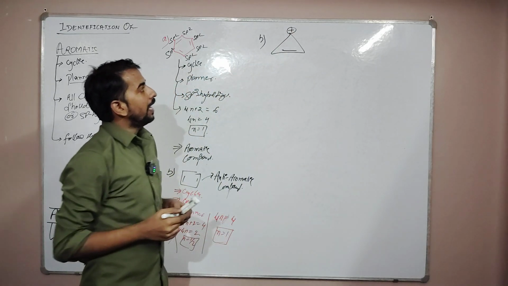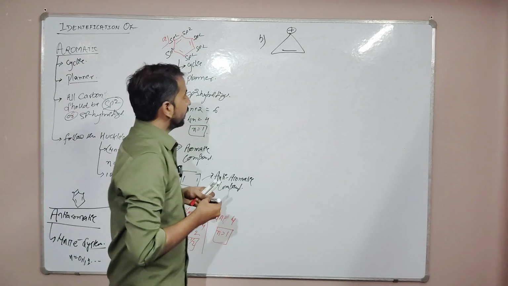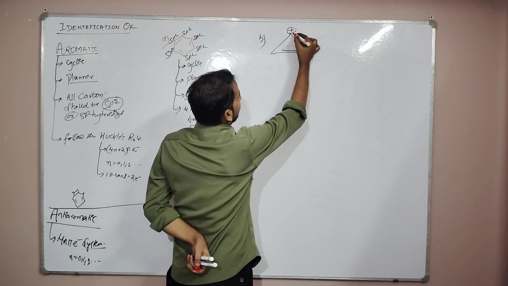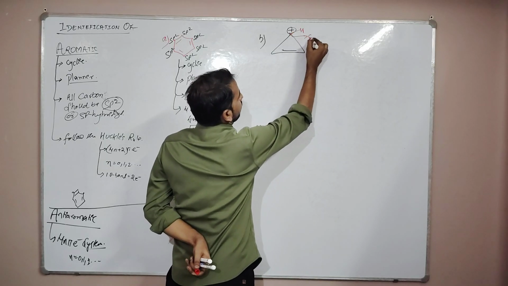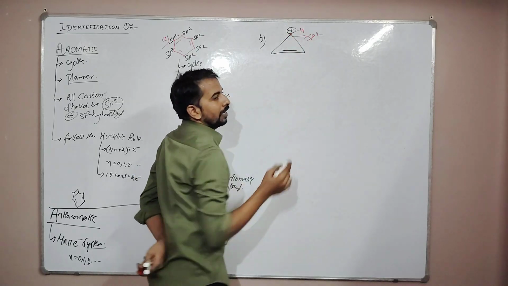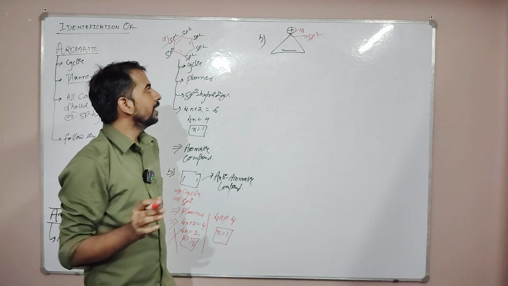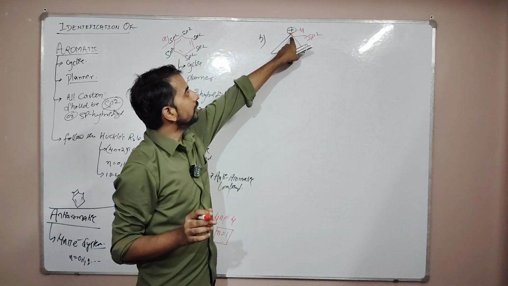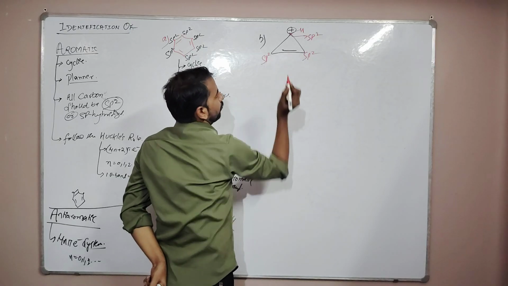Now tell, is this compound aromatic or not? Here, this carbon has one hydrogen, so it is sp2 hybridized. This is a carbocation. How we decide whether a compound is sp2, sp or sp3, we will discuss later. But here, since it is a carbocation, this carbon is sp2 hybridized, this carbon also sp2 hybridized, this carbon also sp2 hybridized.